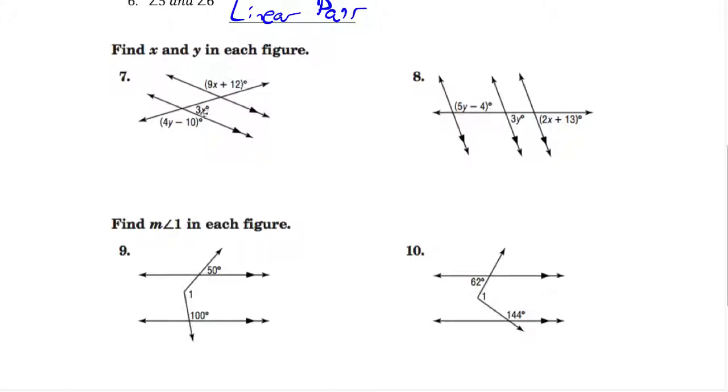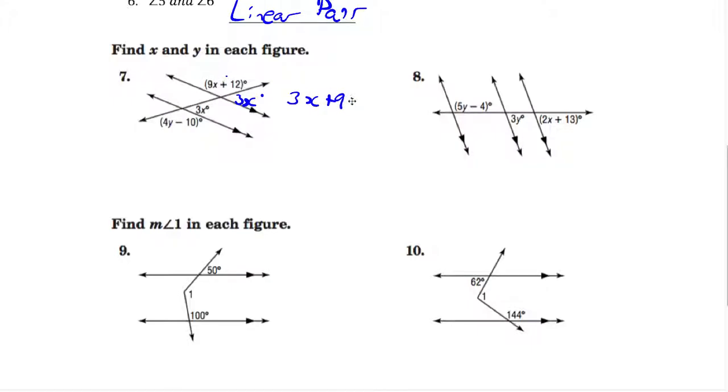However, instead, if I look here and I say, well, this is 3x, and this is also 3x. Why? Because these are corresponding angles. So by using my rule there, I can say that these corresponding angles are congruent. That means that these two angles right next to each other are supplementary because they are a linear pair.